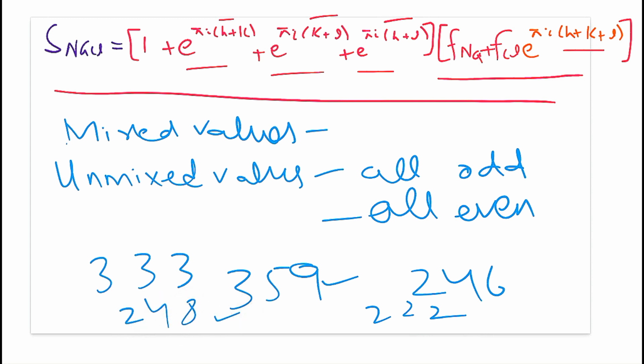These are unmixed values. And for mixed values, where we have a mixed situation like 269 or 362, in that case we get different values.